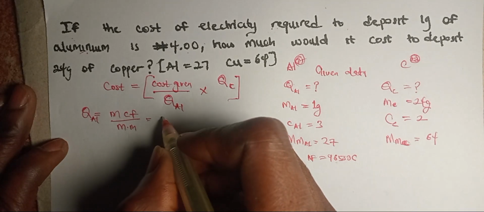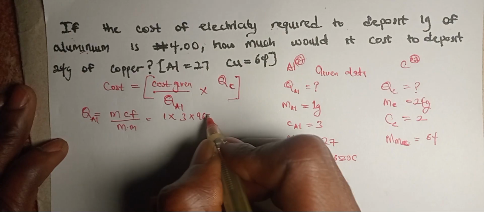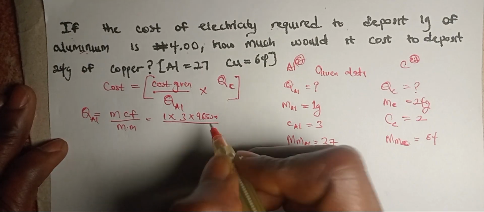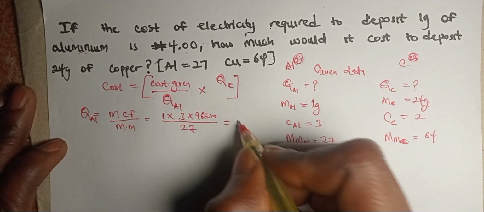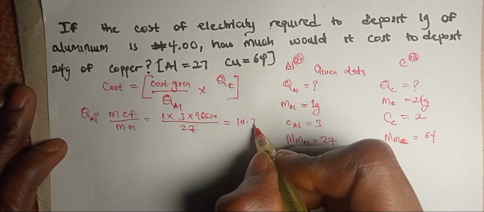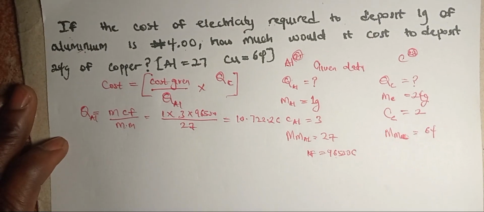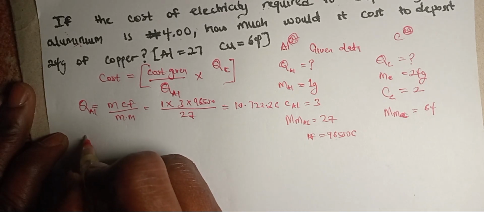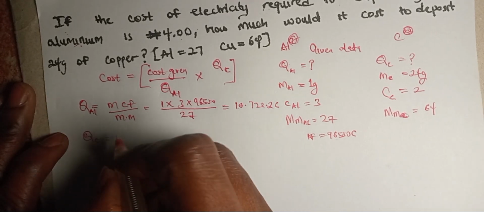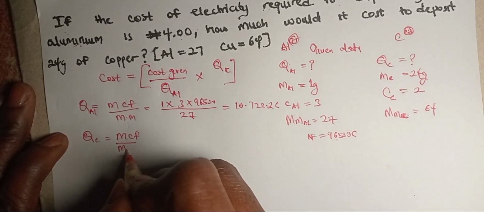So I can write it like this: 1 multiplied by 3 multiplied by 96,500 upon 27. This will give me 10,722.2 coulomb of electricity. And the second one, let's calculate the Q for the copper. We are using the same formula, MCF upon molar mass.